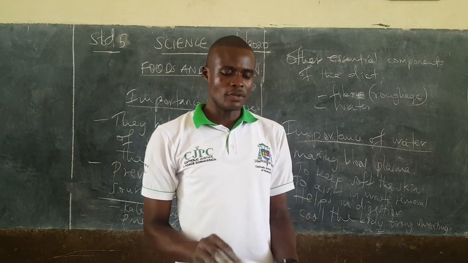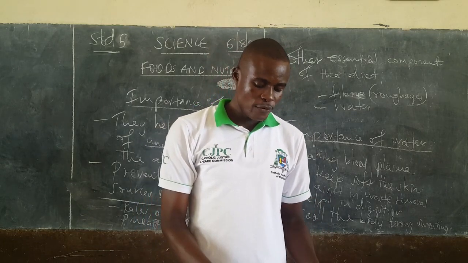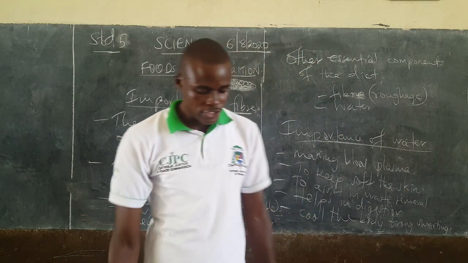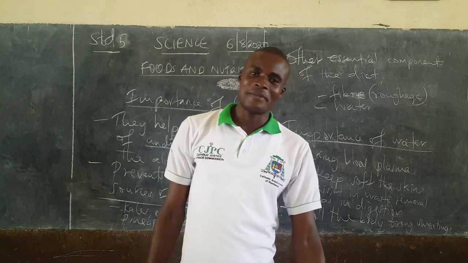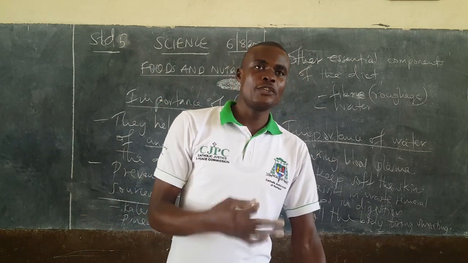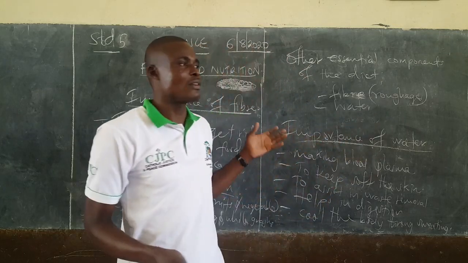In our next lesson, we are likely to look at the nutritional deficiency diseases, and that's from their names. These are the diseases associated with the things you have learned.